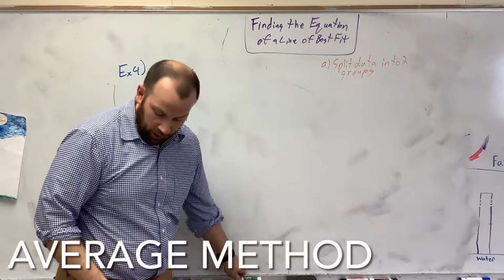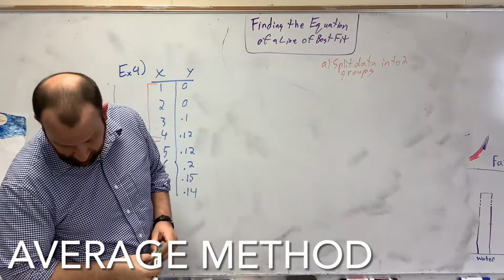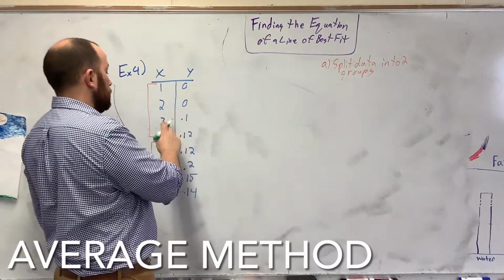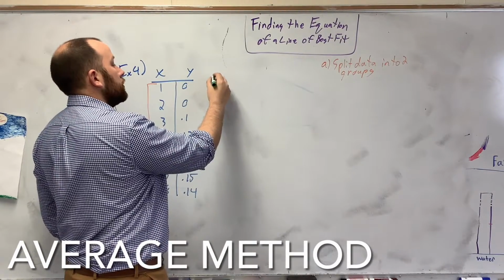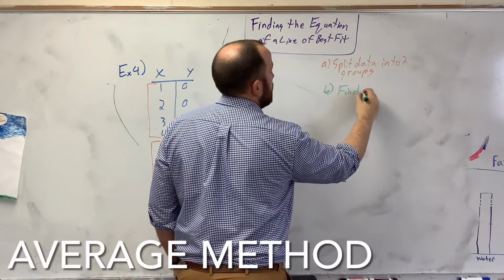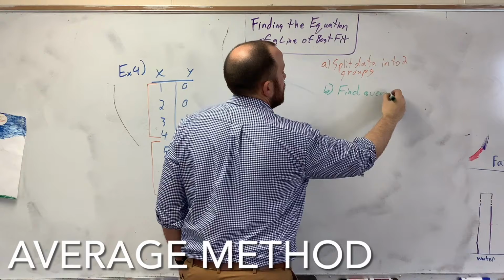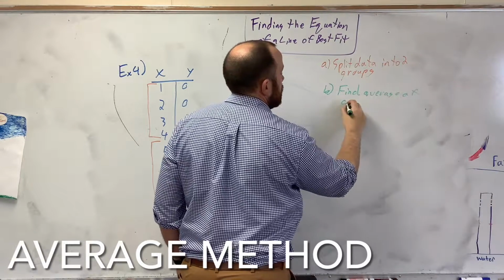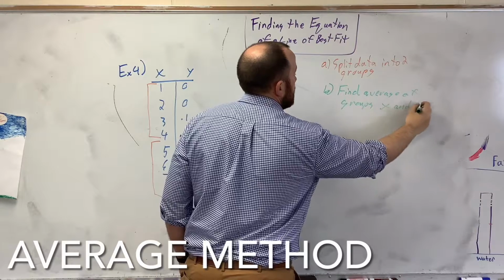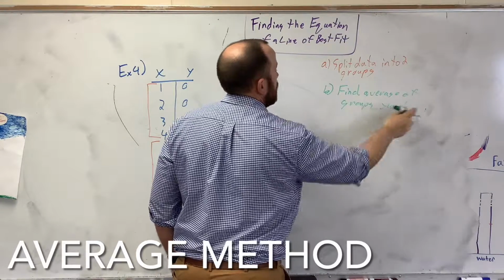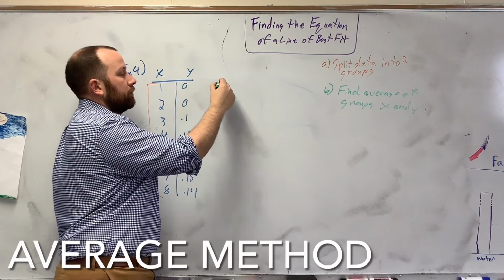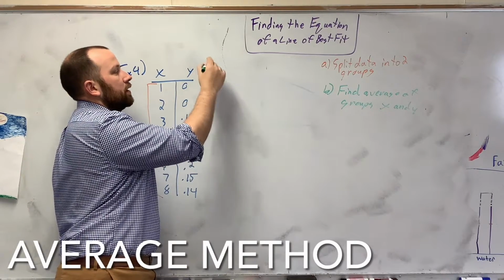The second part is I'm going to find the average of both groups, X and Y. So here we go, find the average of groups X and Y. To find the average, this is the X of the first group.